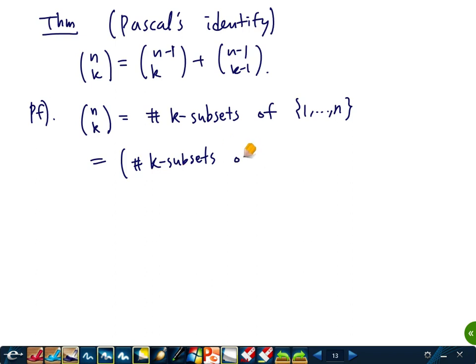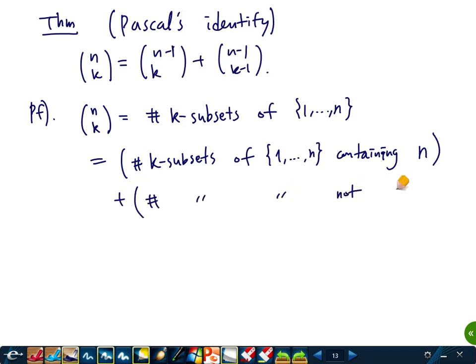So the number of k-subsets of 1 up to n containing n. Some subsets would contain this, but some subsets not. And the number of k-subsets of this not containing n, right? There are only two cases. Either it contains n or does not contain n. Of course, it's still the sum of these.